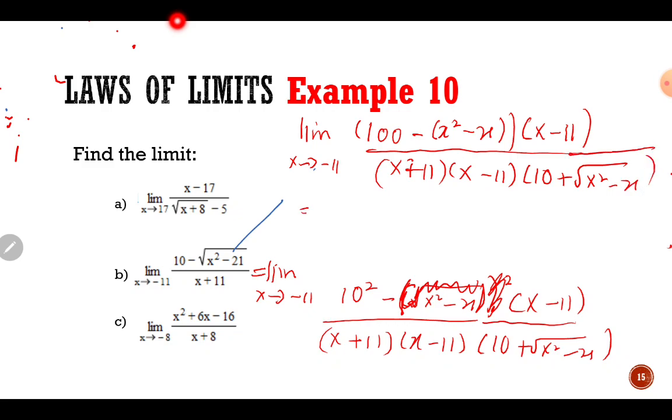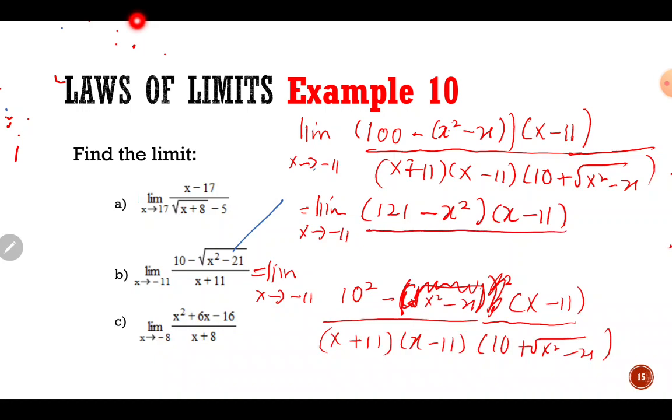Okay, yang ni kita akan dapat apa? Yang ni kita akan dapat limit x approaching negative 11, negative 100 tolak x square tambah 21. Maknanya kita dapat 121 tolak x square darab dengan x tolak 11 over. Yang ni kalau you nak darab, you boleh darabkan sekarang.